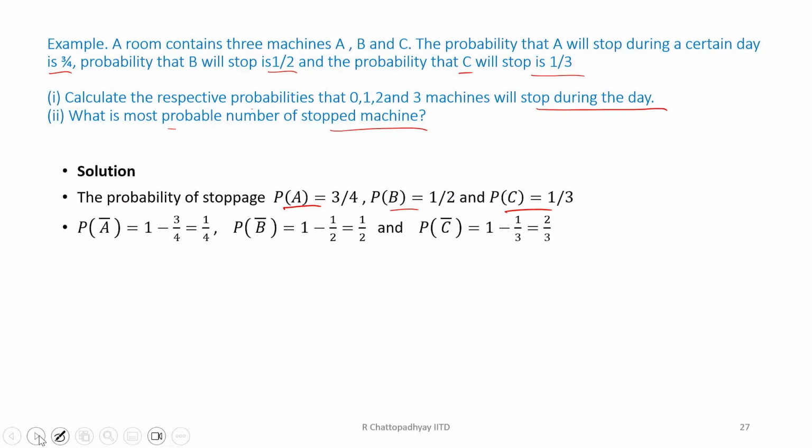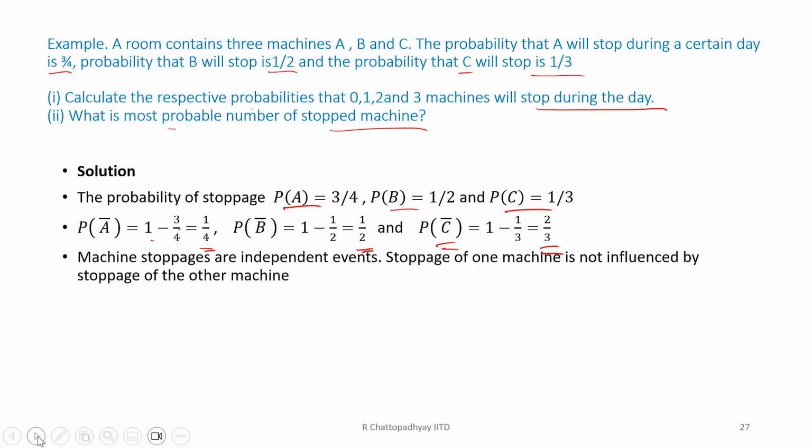So the events are independent in nature. So what is PA complement? Complement means it will not stop. 1 minus 3 by 4, 1 upon 4. PB complement is half. PC complement is 1 minus 1 upon 3, 2 by 3.